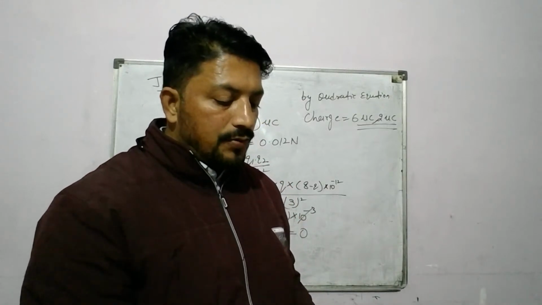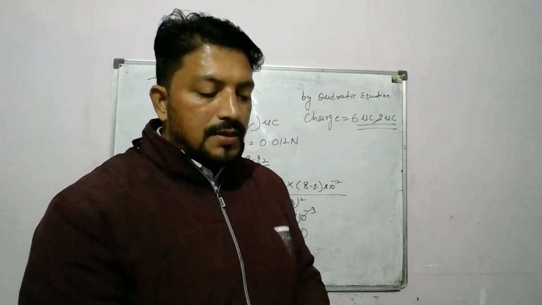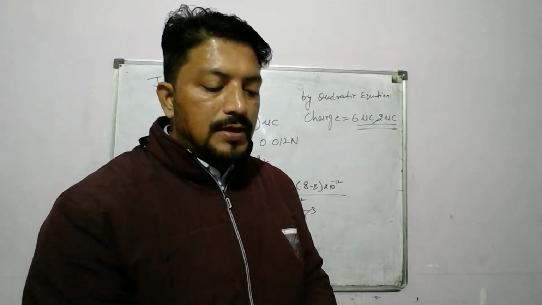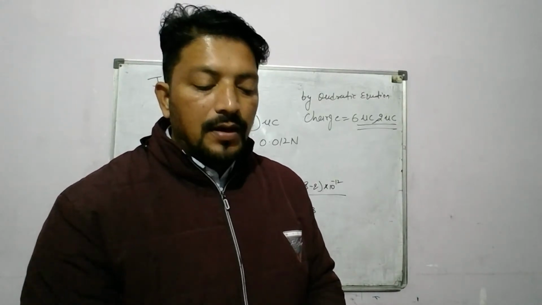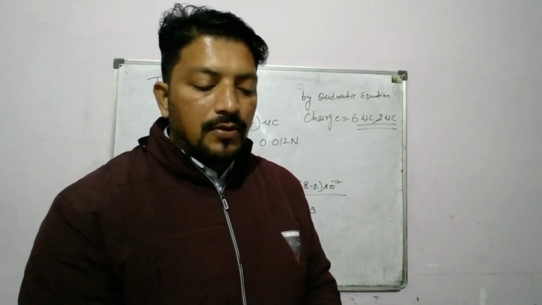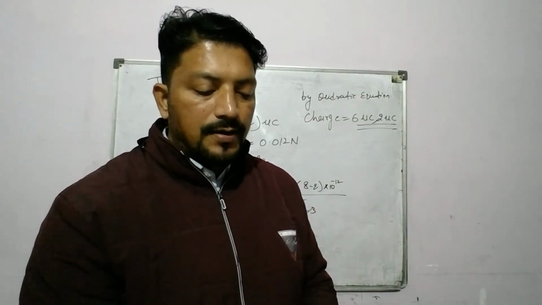This is the question for you, AIIMS 2003. Question is: an electron is moving around a nucleus of a hydrogen atom in a circular orbit of radius r.